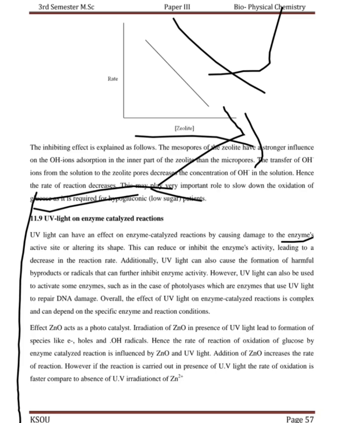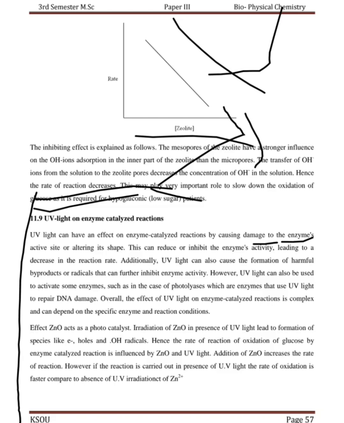UV light can cause damage to the enzyme's active site, altering its shape. Enzymes are nothing but proteins, and the shape of the active site changes, so the ligands or the drug molecules we have taken won't fit inside the protein.